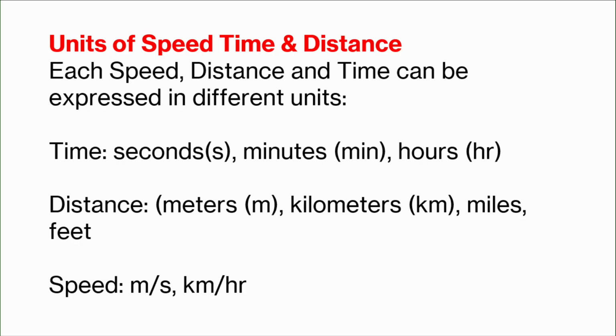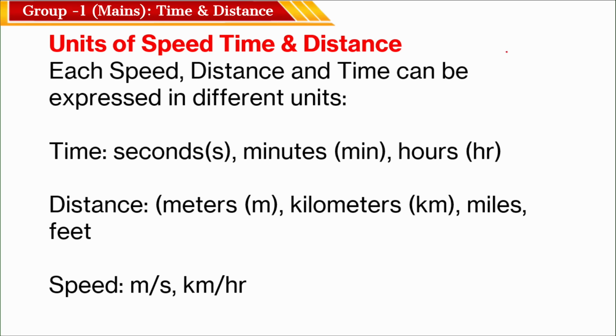Already I said v is equal to d by t. What are the units for distance? When you consider distance as meters and time as seconds, meter per second is the unit for speed. Or if you measure the distance in kilometers and time in hours, we call it kmph, kilometer per hour.